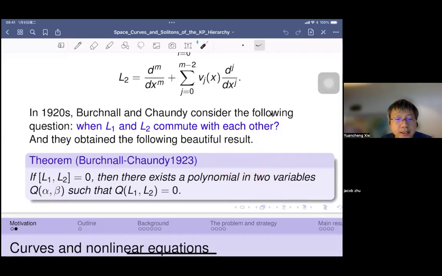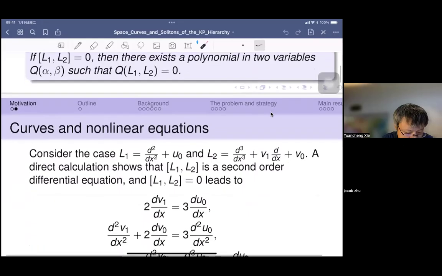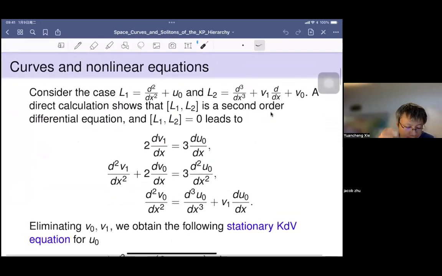Okay. But unfortunately, this beautiful theory was forgotten for almost 30 or 40 years, until the 1970s, when Krichever rediscovered it and found its connection with the theory of integrable systems.